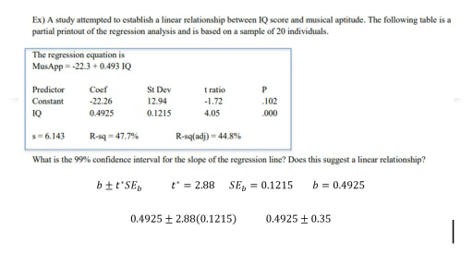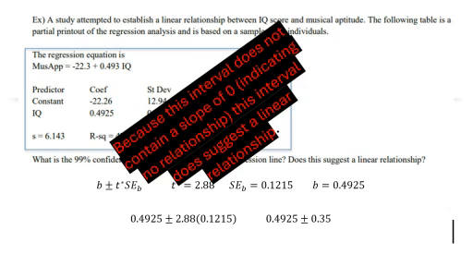And because the slope is greater than 0, and the interval doesn't include 0 itself, we would say that there is some sort of linear relationship. So if 0 is not included in the interval, then you would say there is a linear relationship.